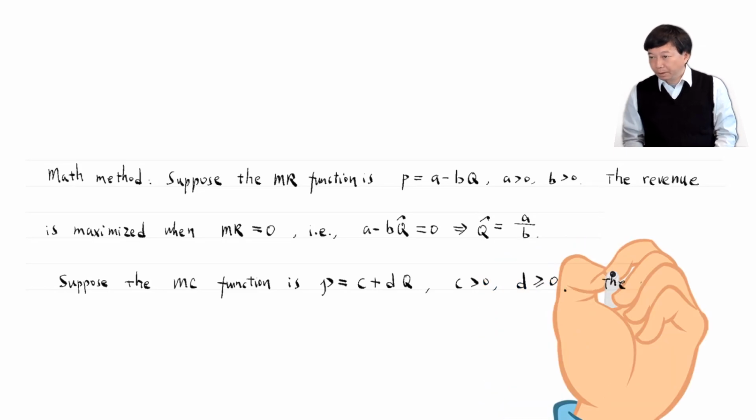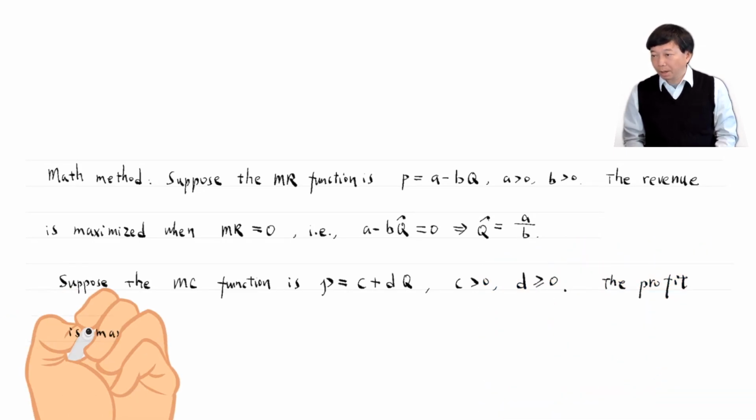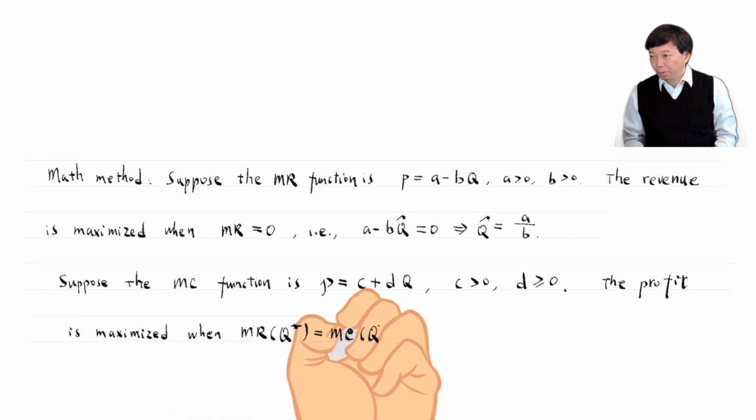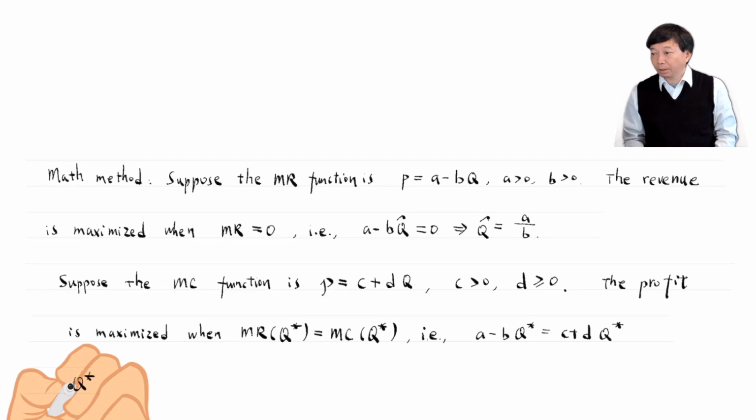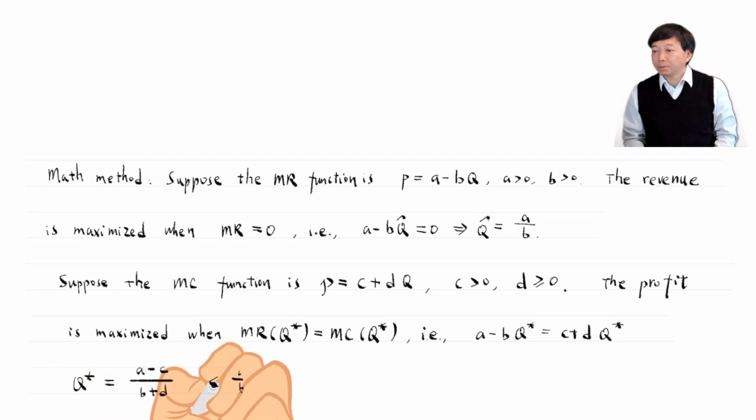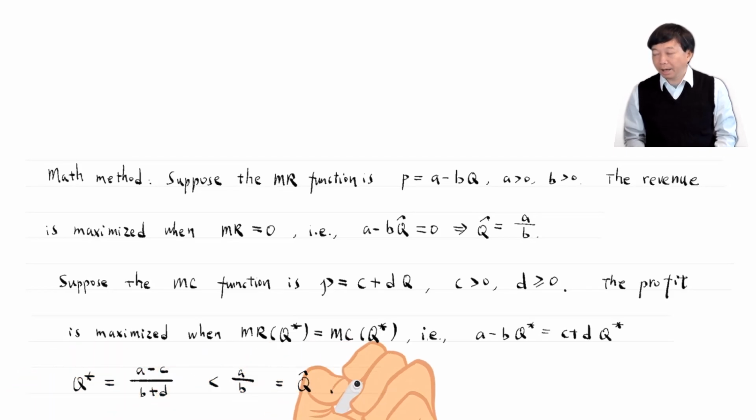The firm's profit is maximized at Q star, where its marginal revenue equals its marginal cost. We can solve for the Q star. It is smaller than Q hat. So the monopoly's revenue is maximized at a larger quantity than the one its profit is maximized.